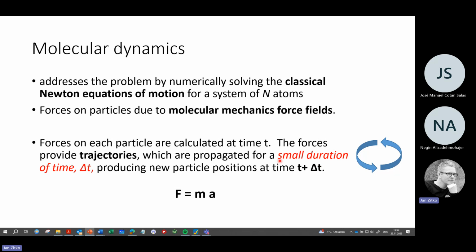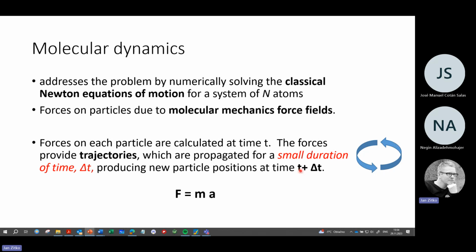And then you evaluate to which new positions the particles have moved in this time. So we will get new particle positions at the time t, which is our time 0, plus delta t. And it is all driven by solving this very simple equation: force is mass times acceleration. You know this equation from your very basic physics lessons.